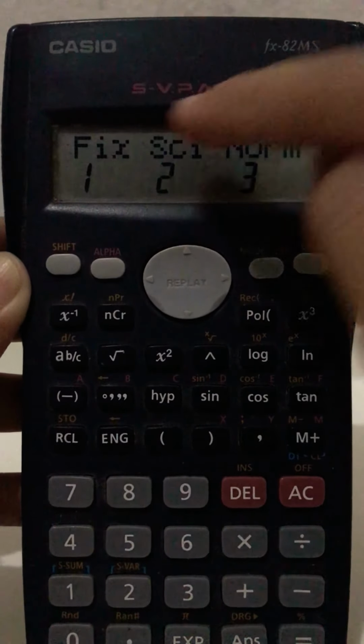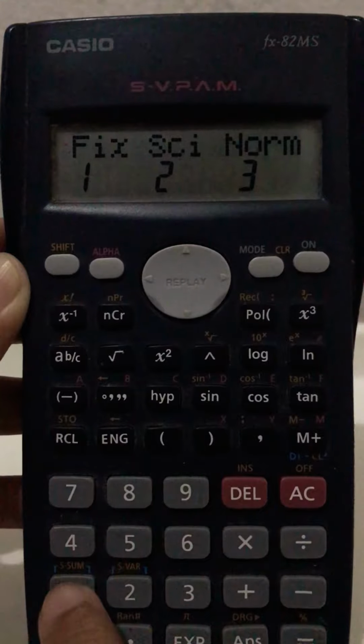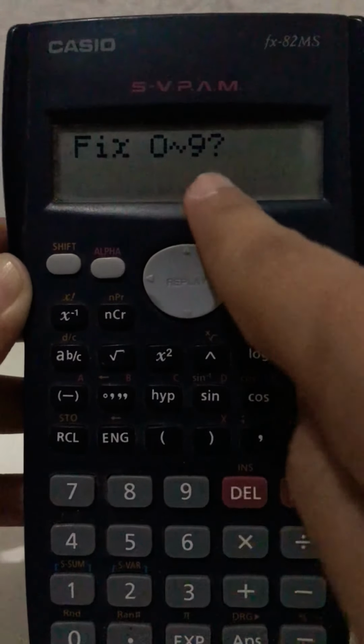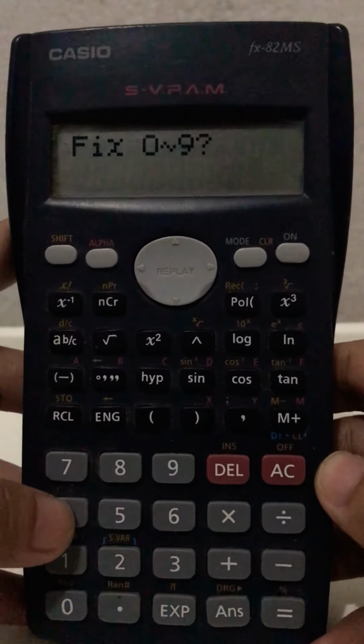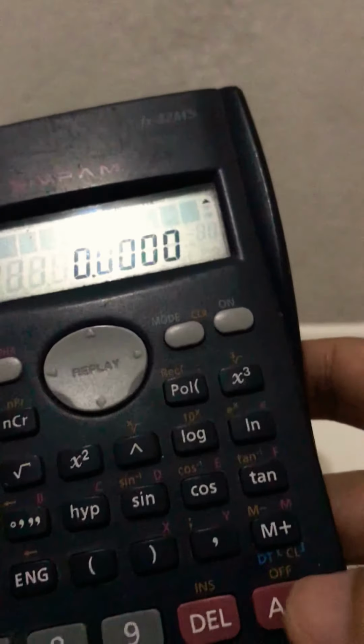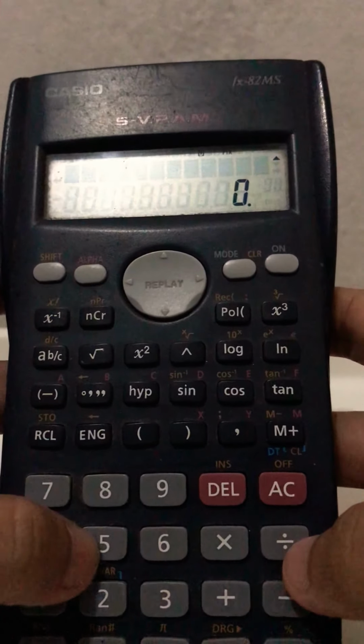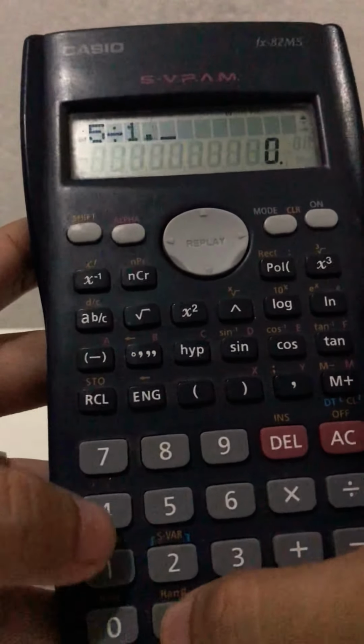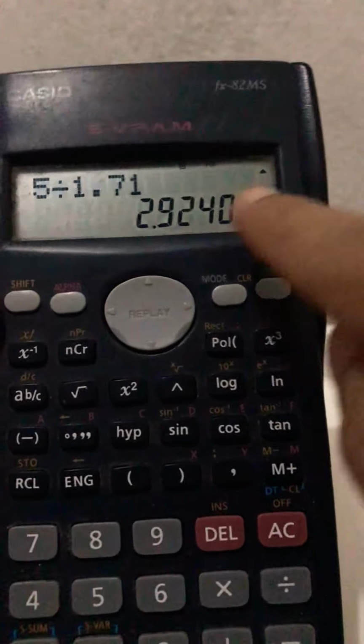There's the word fix, and fix is number 1. Same question. Notice again that you now have the word fix. So we have 5 divided by 1.71. There, rounded off. How about for this type of calculator?